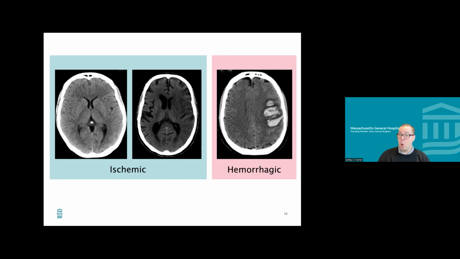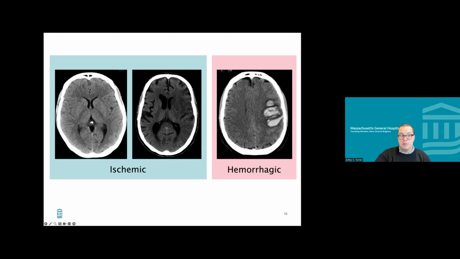That's really what we would hope for, because that would be a sign to us that while there may be a clot, it has not yet resulted in, or potentially has not yet resulted in injury to that brain tissue. And that's what we're seeing here with this CT image on the far left side of the screen.